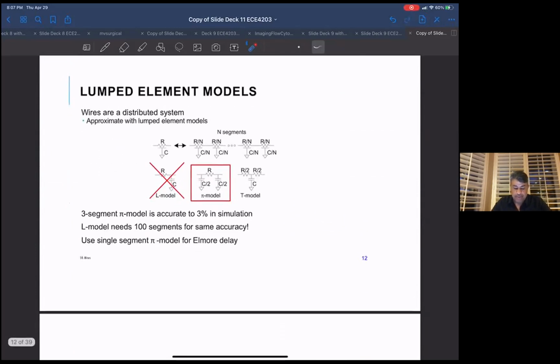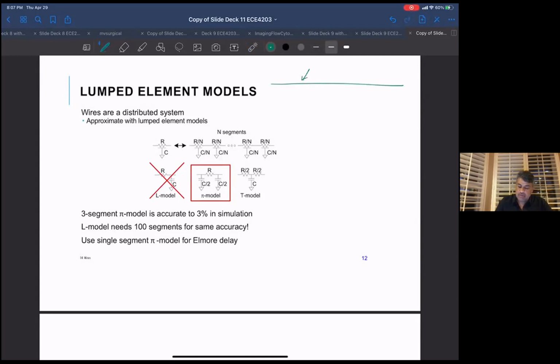Another thing. Did we already do this? For some reason I thought we looked at this, the semesters are running into each other in my head. But if you have a long line, excuse me if I've talked about this before, and you just model it, you calculate the resistance of this long line.